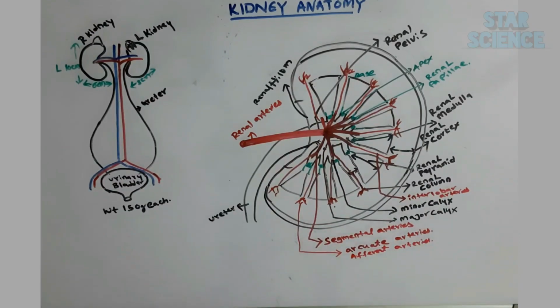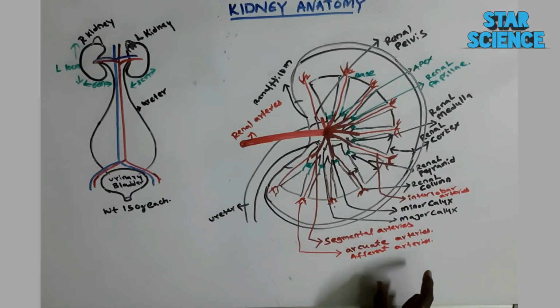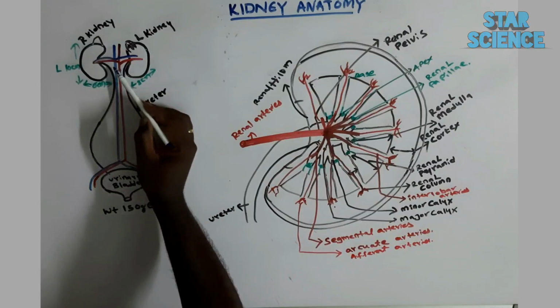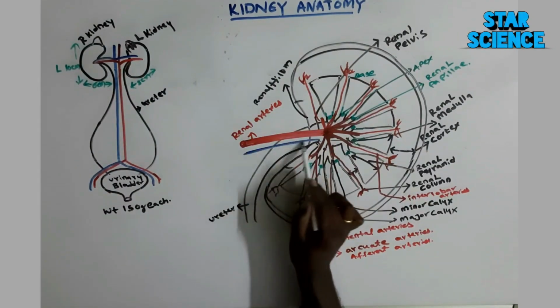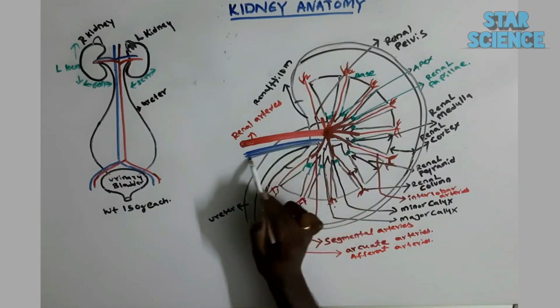That first phase is the afferent arterioles, and when it exits from the filtration, it is called the efferent arterioles. I will tell you in detail in the next video on the nephron.